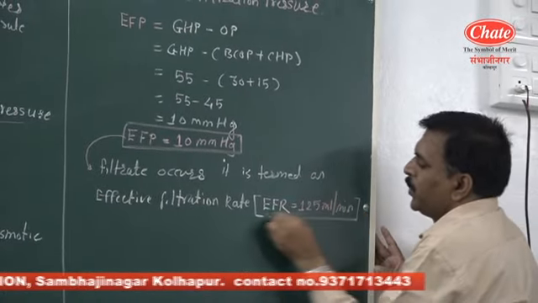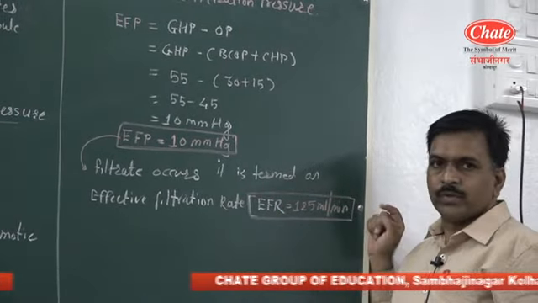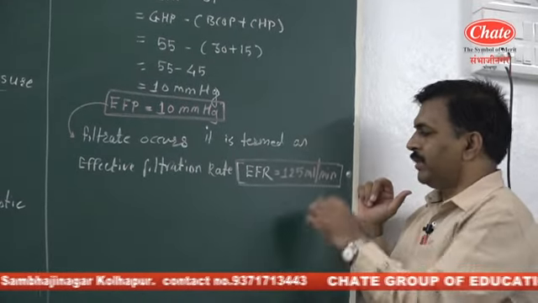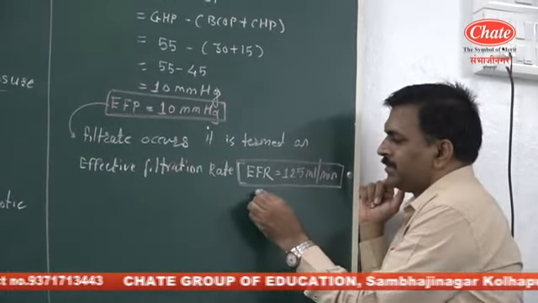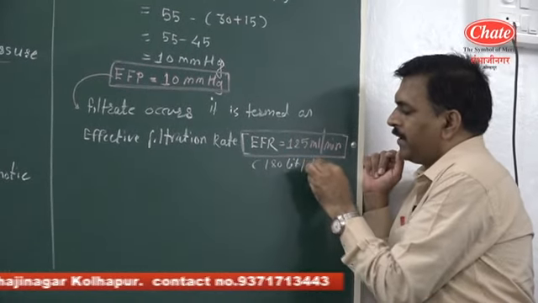It is 125 ml per minute, meaning about 180 liters per day.